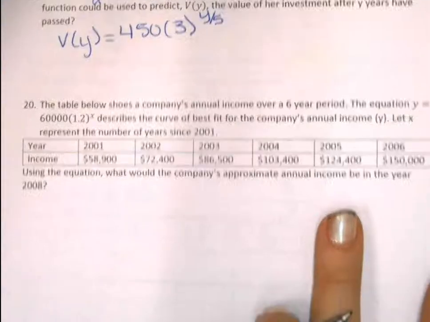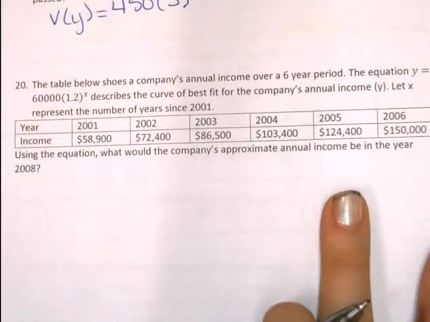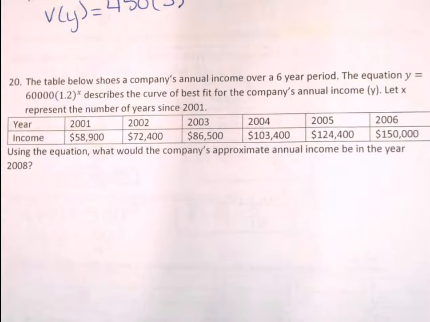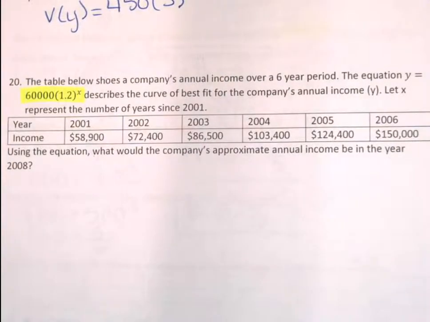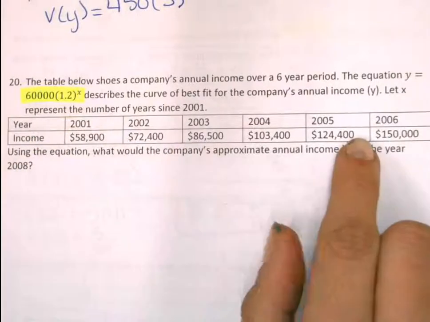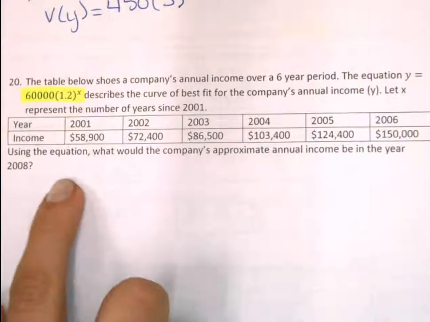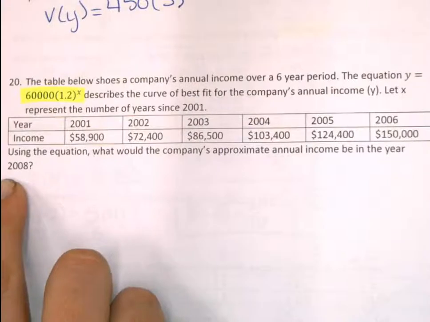Number 20, it tells us that a company has an annual income over 6 years. It gives us this equation. And then it says it matches the data points that are given. It wants us to figure out how much their annual income would be in the year 2008.